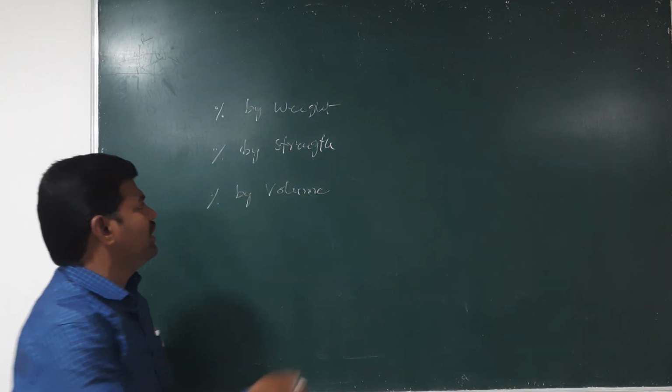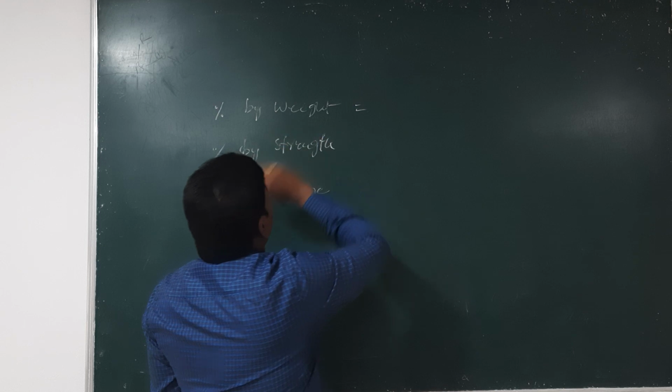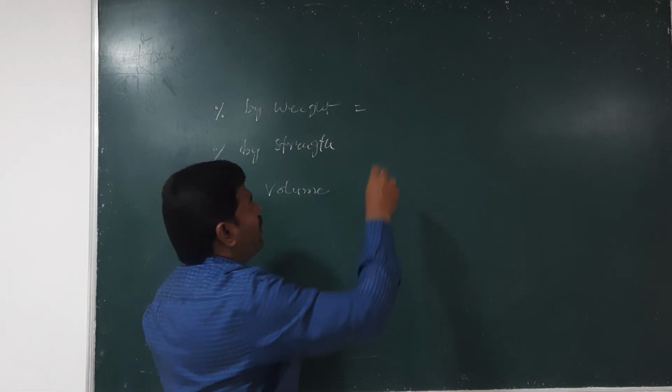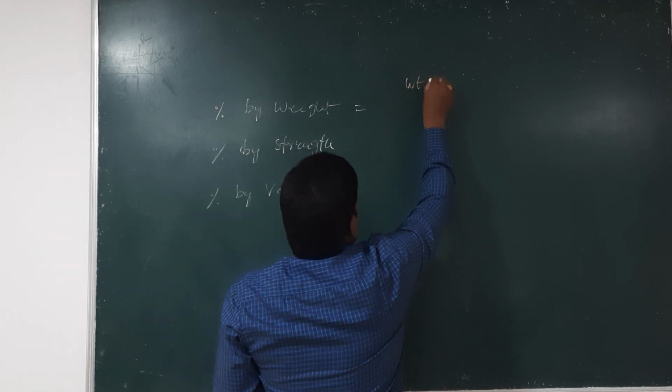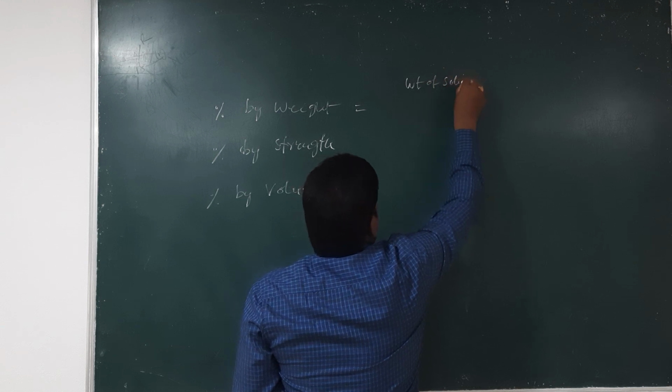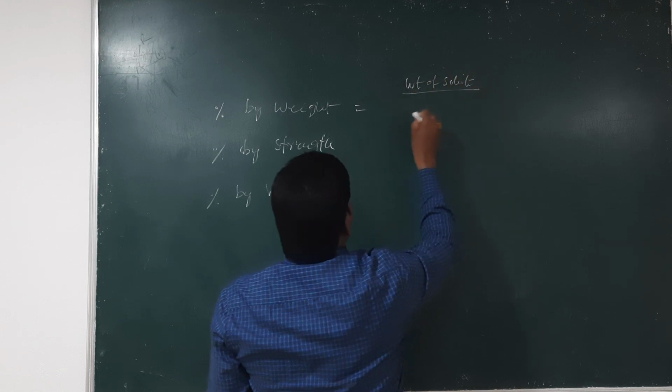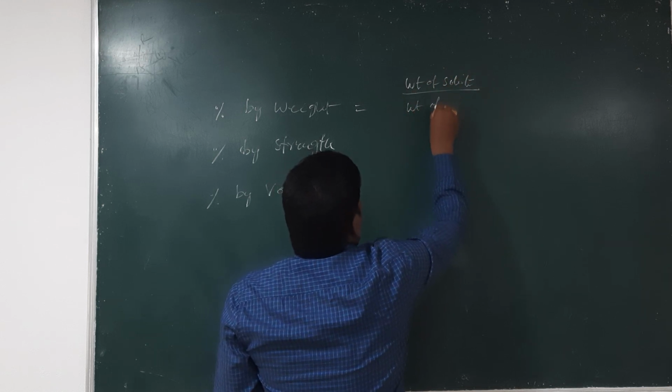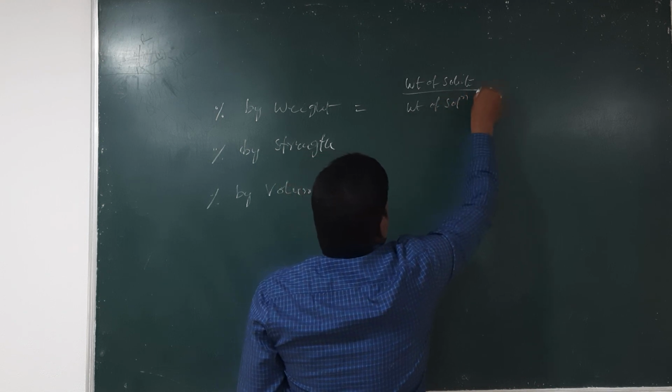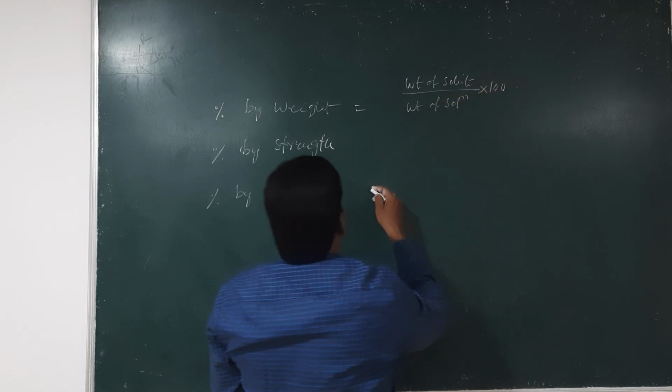The formula for percent by weight is weight of solute by weight of solution into 100.